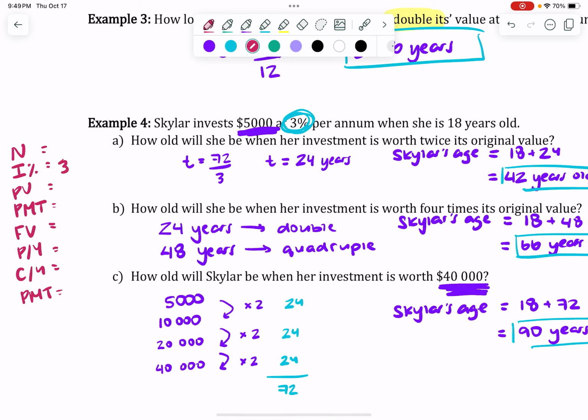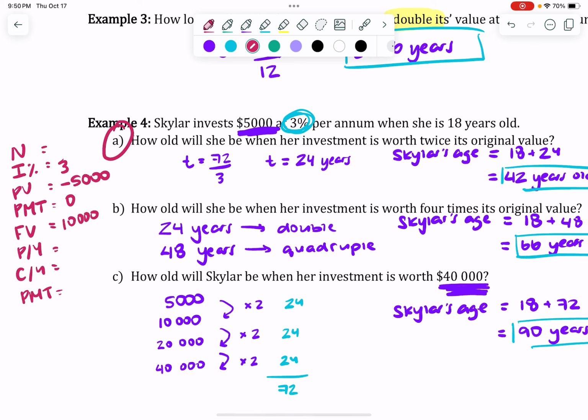That's 3. I know my PV in this particular question. I didn't in the other ones. If I'm talking about question A, I know my FV because double my initial will be 5,000. That gets to 10,000. But it actually doesn't matter what the initial amount is. Even if I wasn't told what it is, I could plug in $1 and then say my FV is $2. It won't impact.